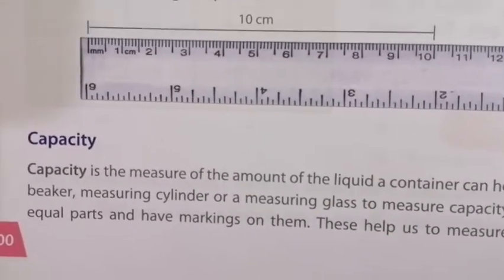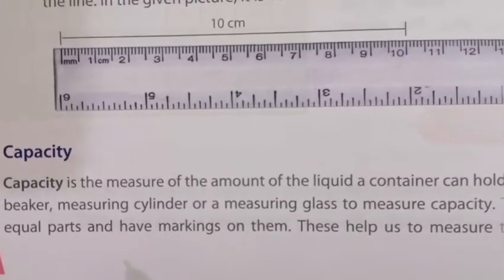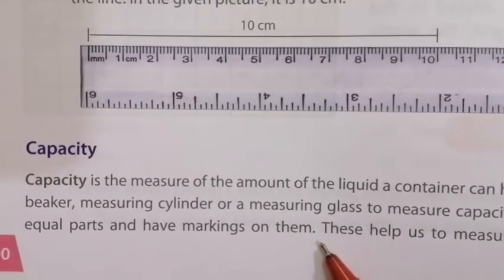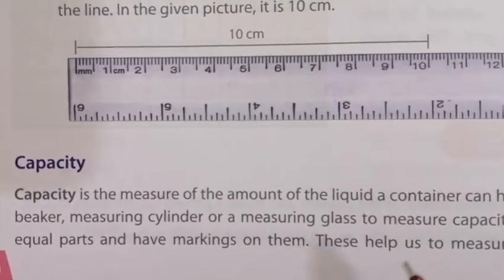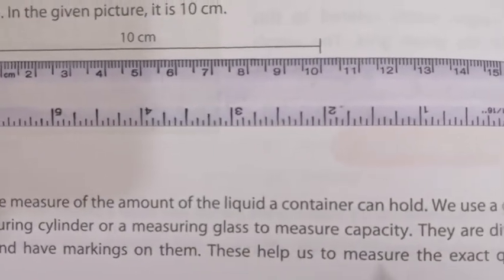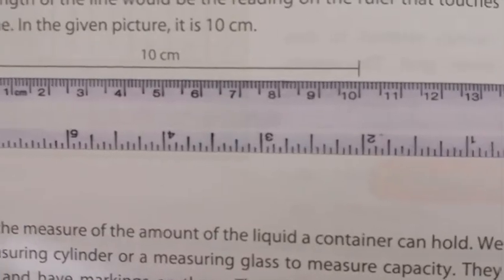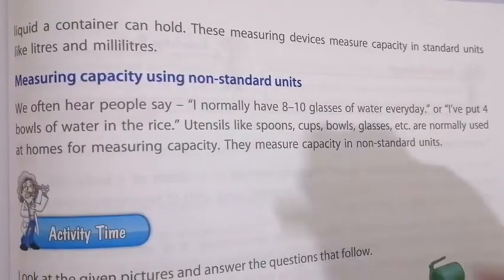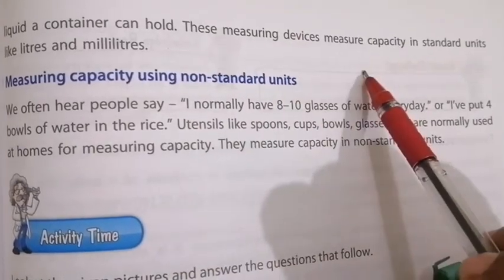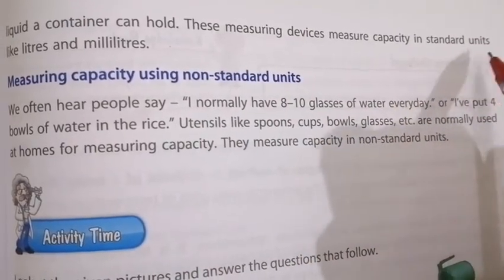Okay. So now they are divided into equal parts and have markings on them. When this measuring cylinder will have equal markings on them, these help us to measure the exact quantity of liquid in a container. Okay. So these measuring devices measure capacity in standard units.